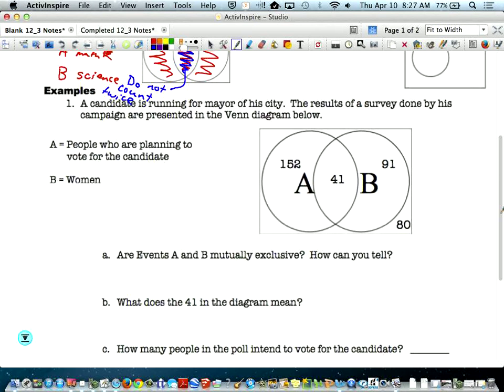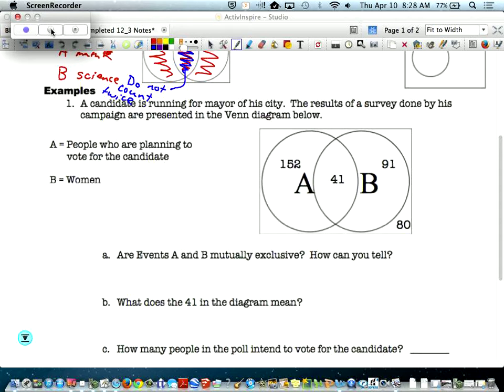A candidate is running for mayor of his city. The results of a survey done by his campaign are presented in the Venn diagram below. The circle of A represents people who are planning to vote for the candidate.